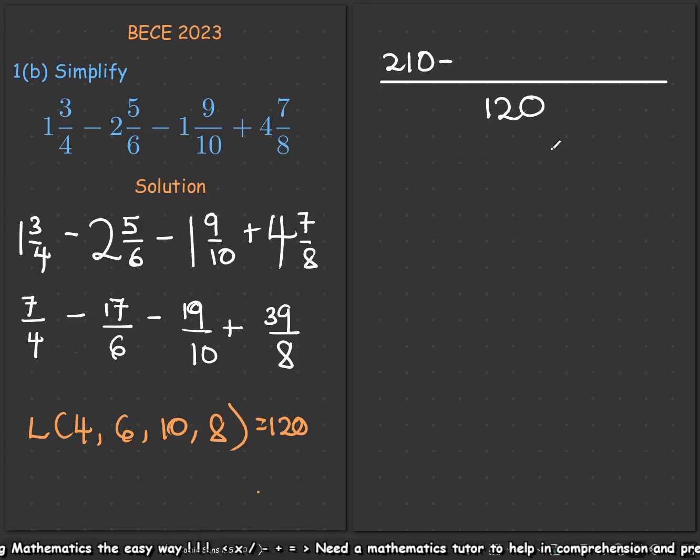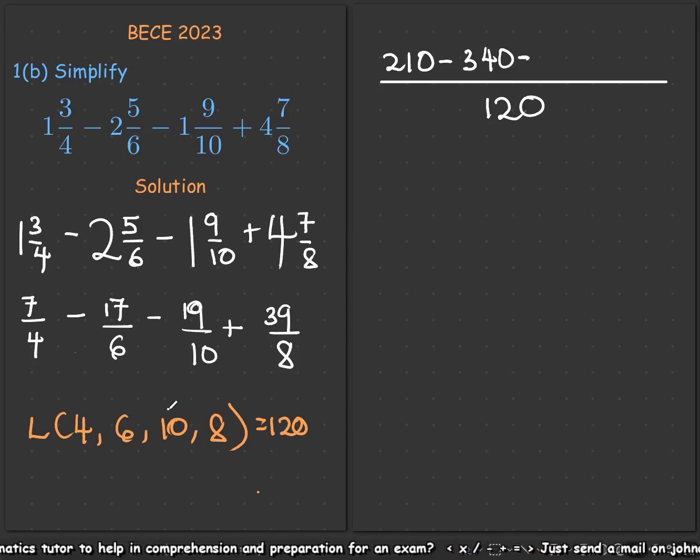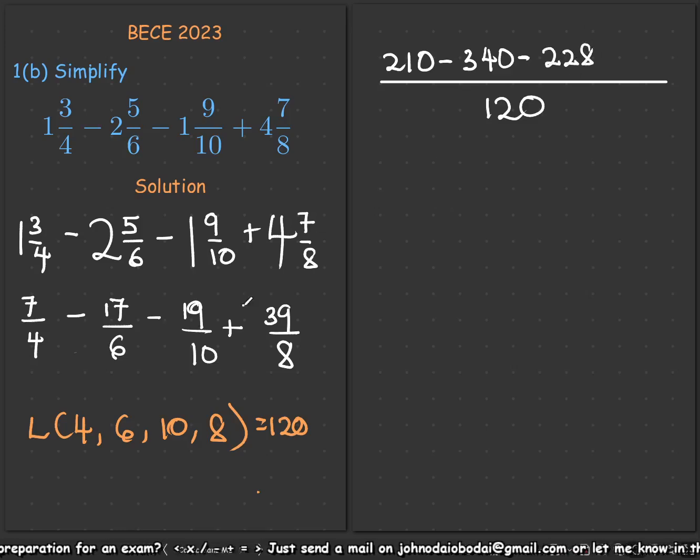Now 6 into 120, 20 times. So we have 20 times 17. That gives us 340. Then we come to this minus. So minus 10 into 120, 12 times. So 12 times 19 also gives us 228.